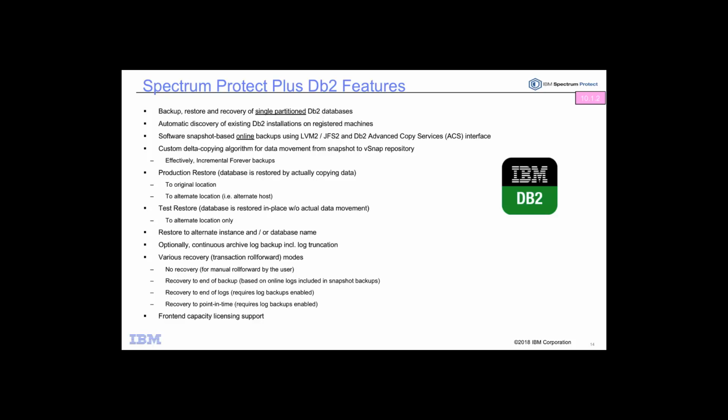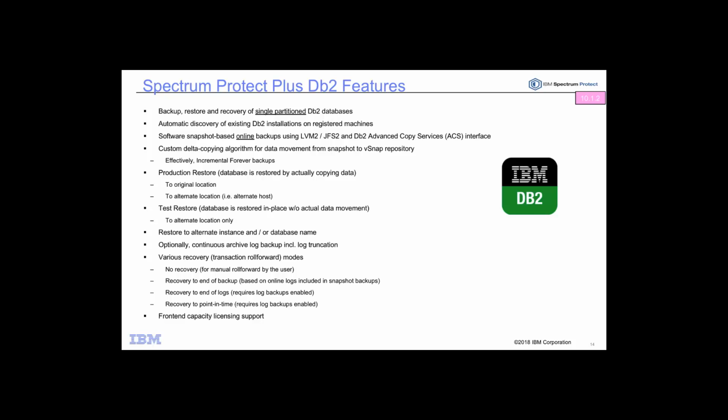Just like all of the other applications and hypervisors that are supported by Spectrum Protect Plus, we'll allow you to do a production restore, that is, move the data from the VSnap repository back to the system where it was protected from, either to the original location or to an alternate location or alternate host. And we also allow you to do a test restore.